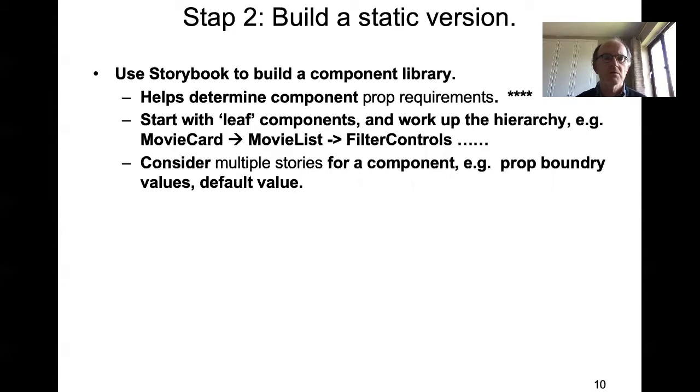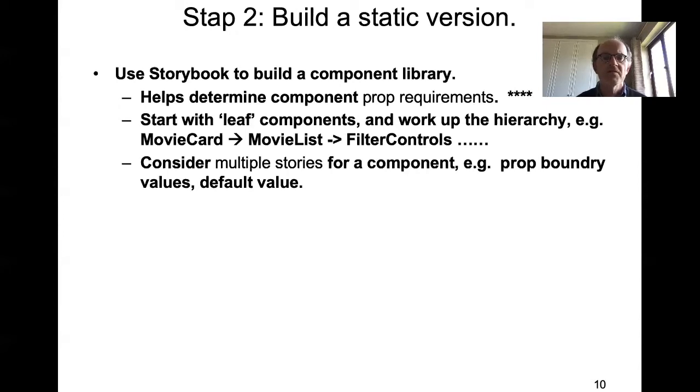So what I would suggest is that you take what I'm calling the leaf components. They're the ones at the bottom of your hierarchy. Take those components, because you know what each of them should render.